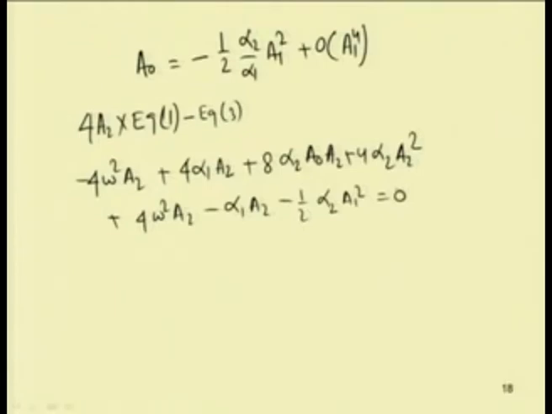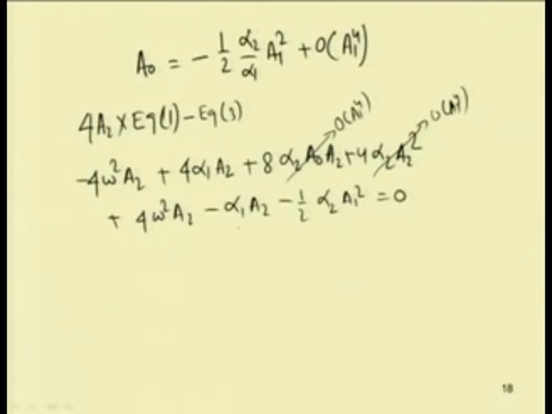Already we have seen that a2 should be of the order of a1 square, and a0 is also of the order of a1 square. So, this a0 a2 is of the order of a1^4. Similarly, a2 square is of the order of a1^4.